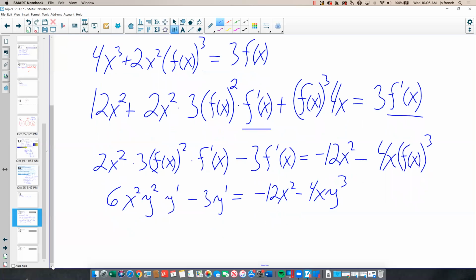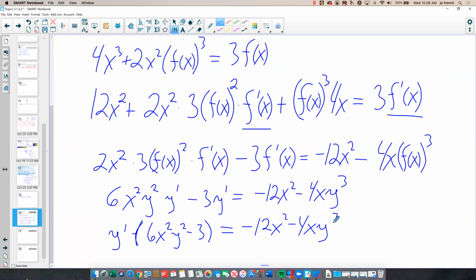Our last two steps, after I've grouped my y prime terms, I can factor out a y prime. That's going to be 6x squared y squared minus 3. And that's going to equal negative 12x squared minus 4x y cubed.